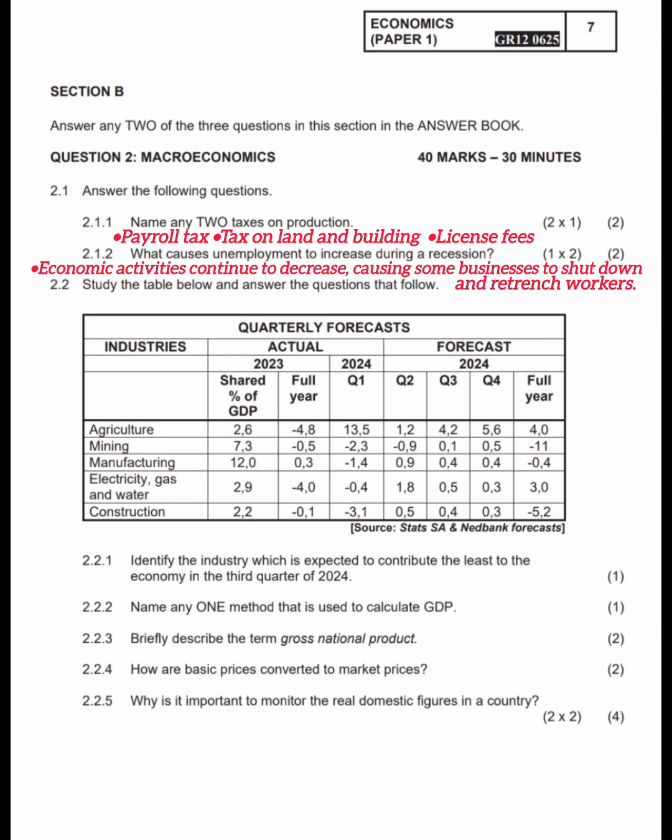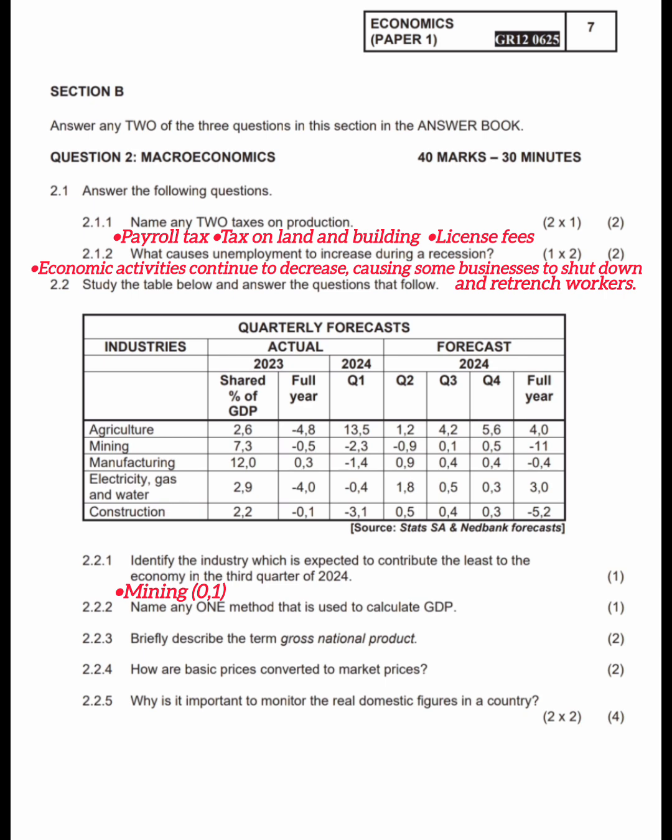So we're going to look at our 2024. The forecasting is the one that has the third quarter. So here, as we can see, the last one is 0.1, which is our mining. So our answer is mining with 0.1, right? Our mining industry with 0.1.